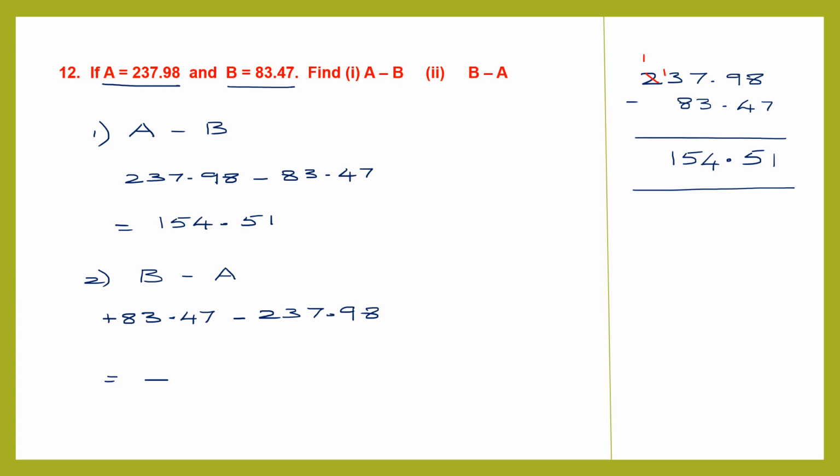And the greater number is 237.98. And as you can see, we've already done that, isn't it? 237.98 we've written first and 83.47 we've written second and subtracted and we've got our answer. So we need to write this answer. That is 154.51. The only difference is we have a minus sign here.